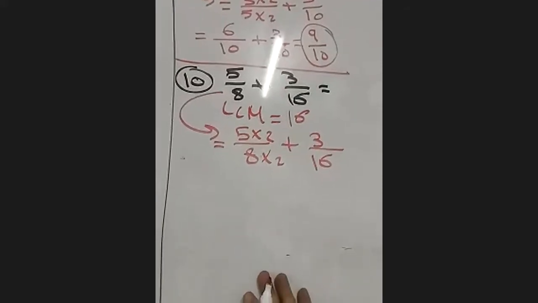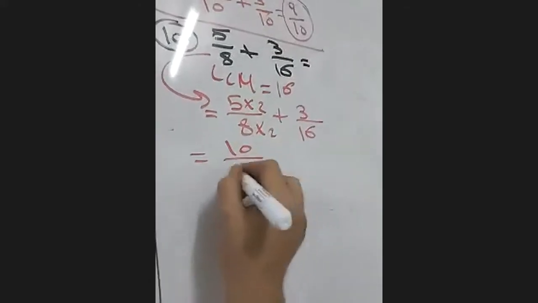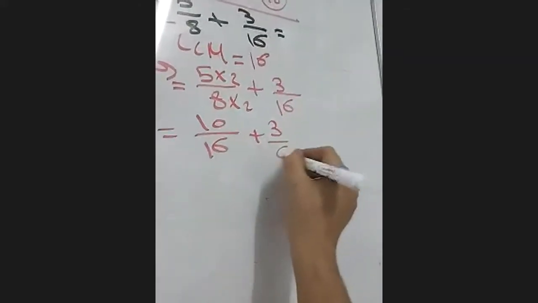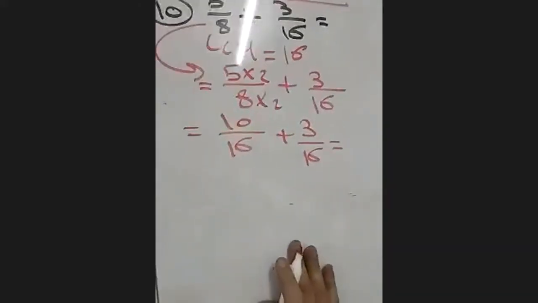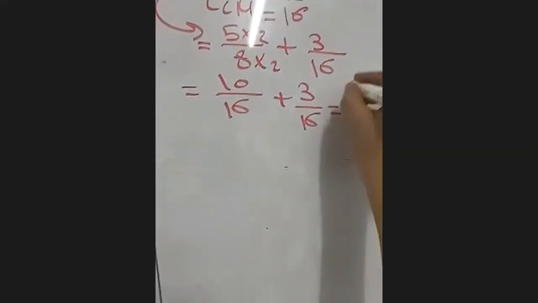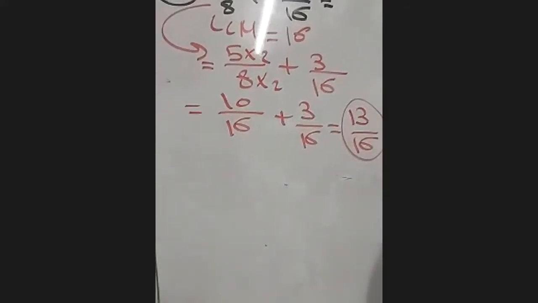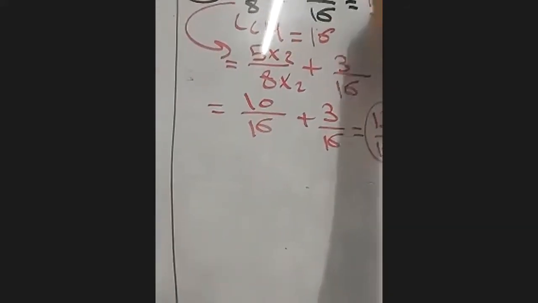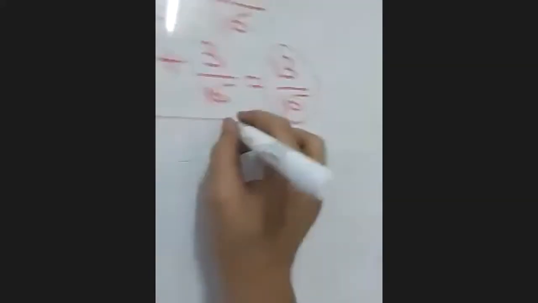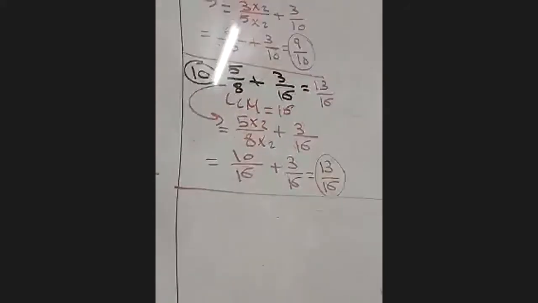We leave it. Here will be 10 over 16 plus 3 over 16. What's the answer? 13 over 16. Can we simplify it? No, 13 is only 13. So I'll put 13 over 16, the final answer. Do you understand that? Yes, thank you. This is question 10, guys.